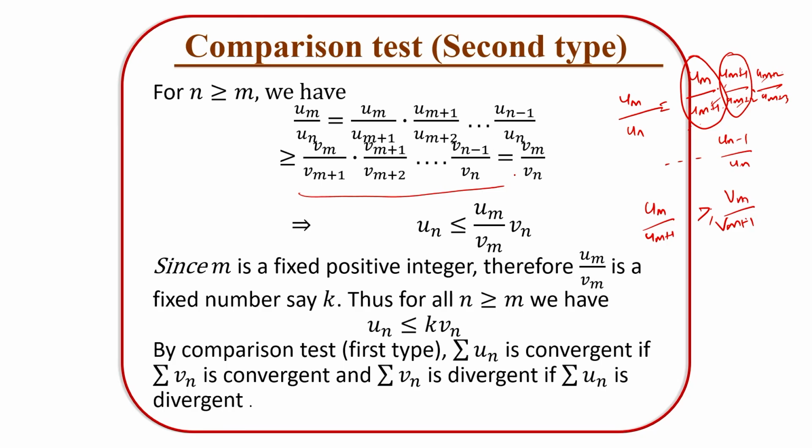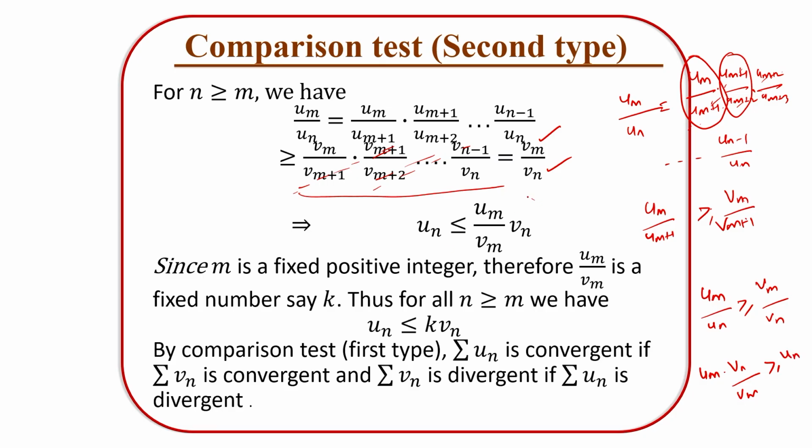So that means if you cancel out these intermediate terms, you will get vm by vn. So we have um by un is greater than or equal to vm by vn. So now take un that side. So um into vn divided by vm is greater than or equal to un.